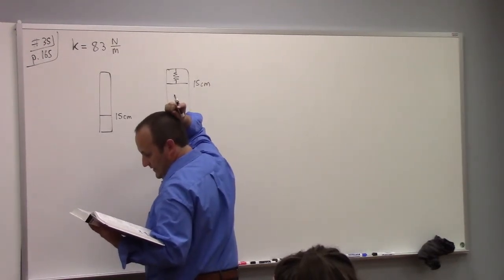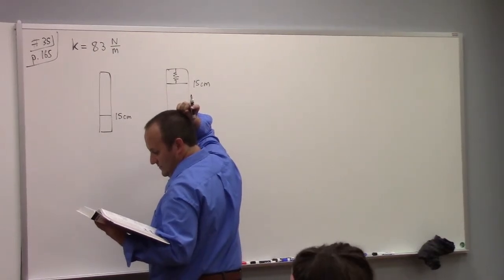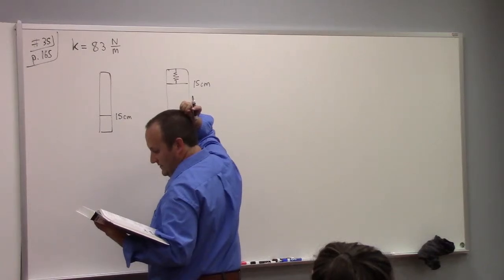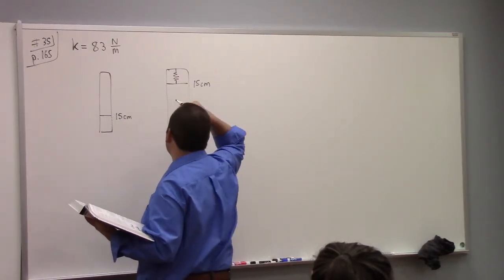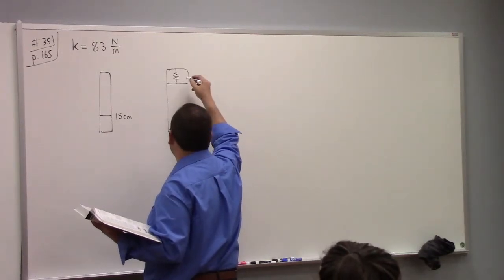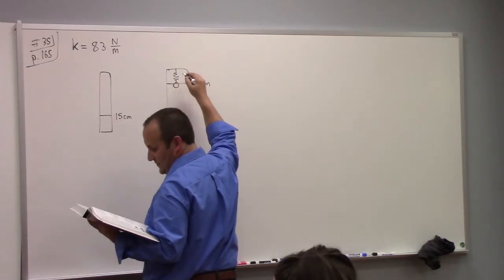A 2.5 kilogram mass is now attached to the end of the spring, and the mass is allowed to fall. Where will the end of the spring line up with the ruler marks when the mass is at its lowest position? I think it's probably this one they want us to think about. What's the mass?